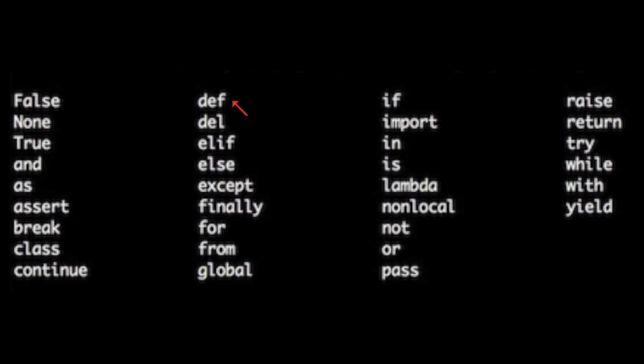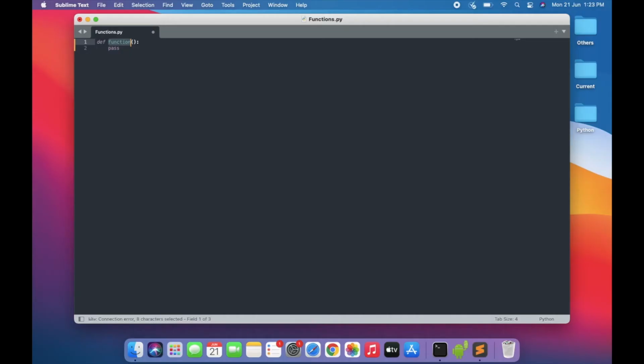If you notice, def is one of those keywords. The purpose of this keyword is to define functions in Python. So every time you are creating a custom function, remember that you start off by using the def keyword.